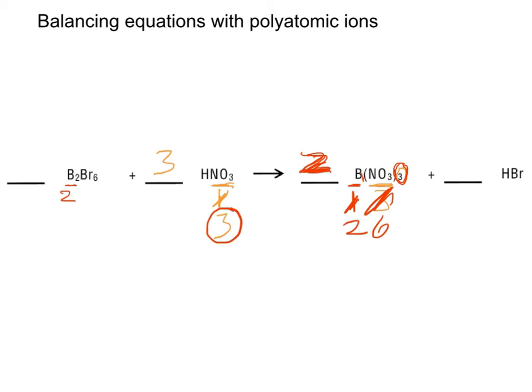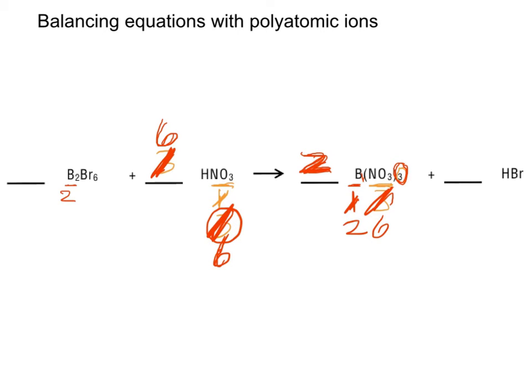Before we had 3 nitrates, and it was nice and balanced, but now we need to have 6 on the left. So we need to double this to a coefficient of 6, which will give us our 6 nitrates on the left. I had to do that change because in balancing out the borons, putting this coefficient of 2 over here on the right-hand side, I changed the balanced amount of nitrates.